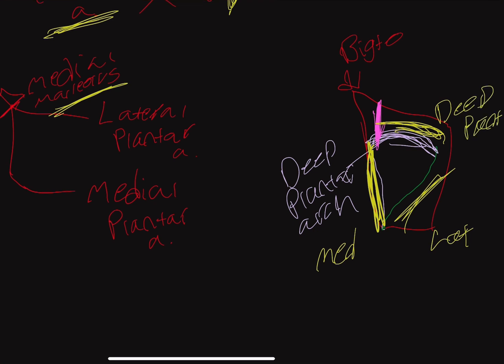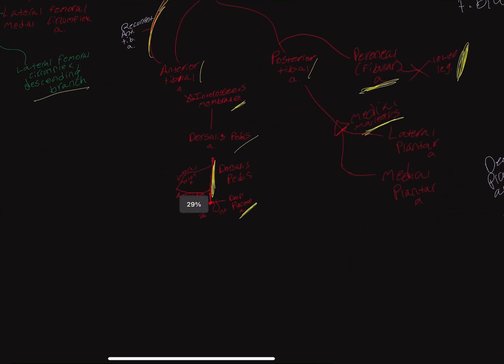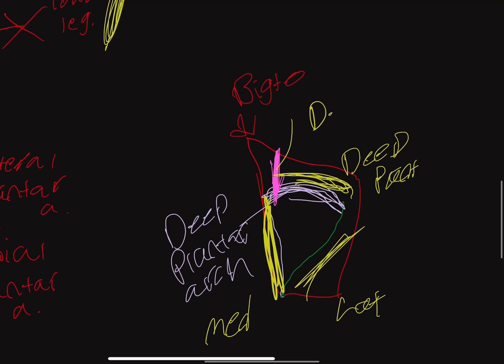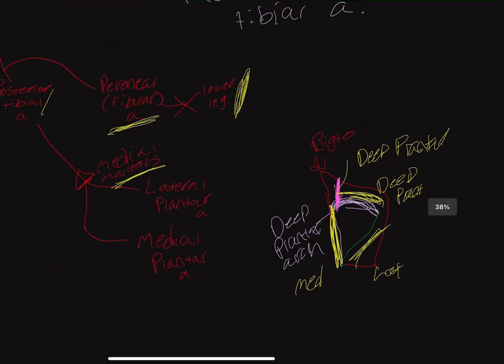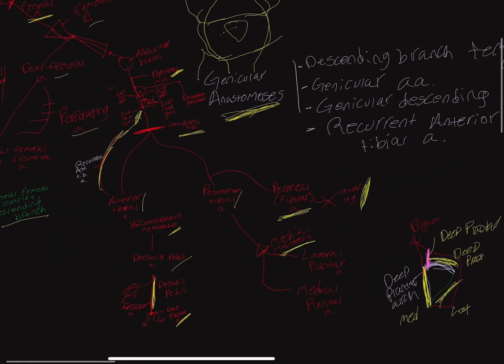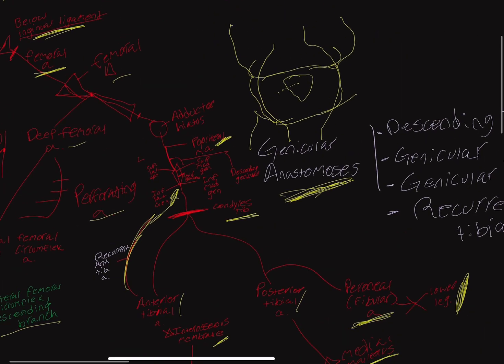And then this little pink thing right here, like I said, that is your deep plantar artery. And that's the anastomosis of the plantar foot. But yeah, that is the external iliac and where it goes.